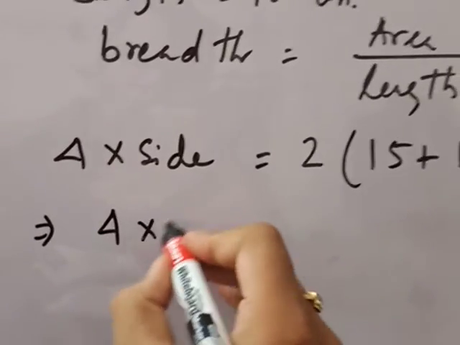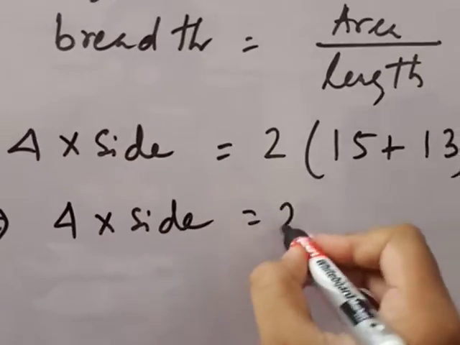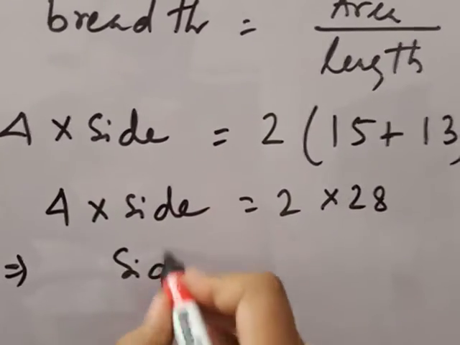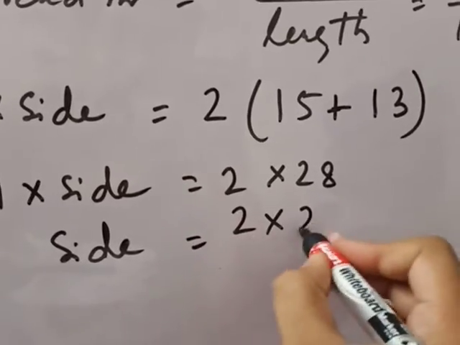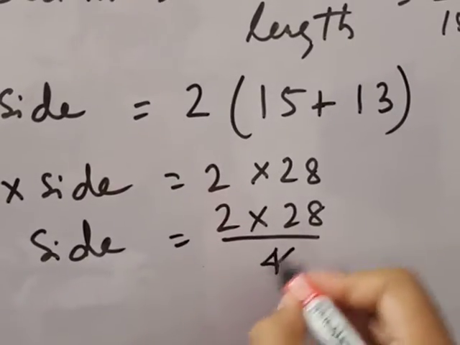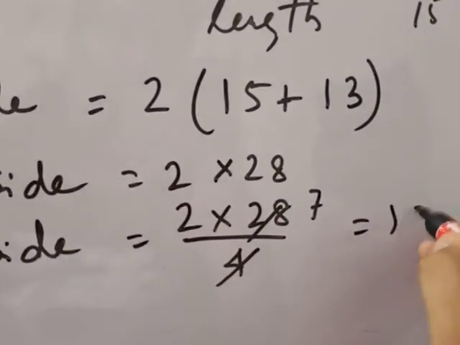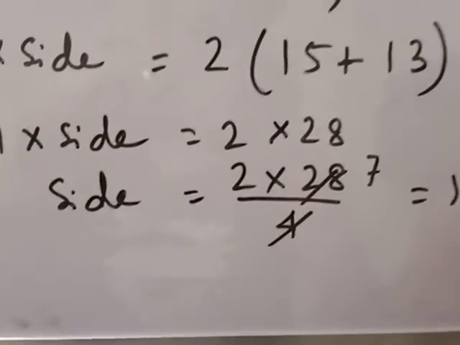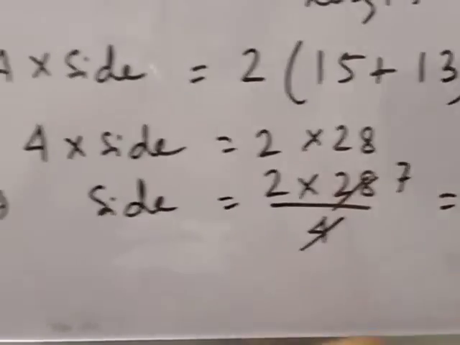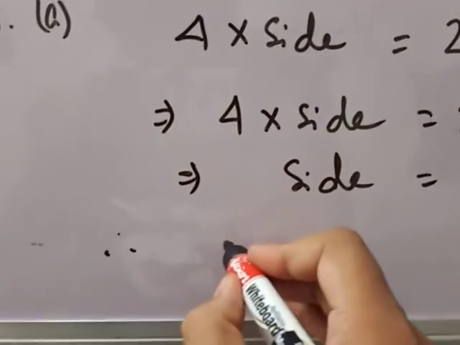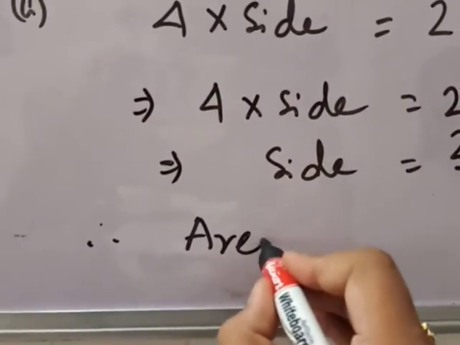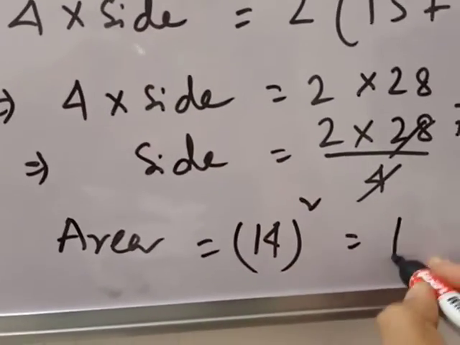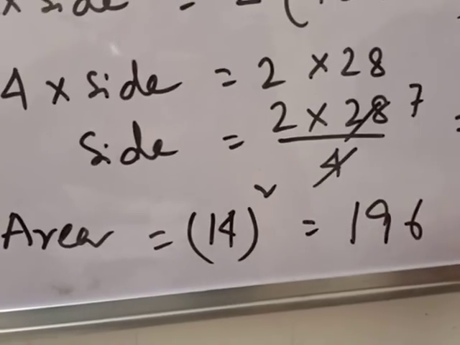So 4 into side equals 2 into 28. So that means side equals 2 into 28 by 4, that is 14 centimeter. So area equals 14 square, that is 196 centimeter square.